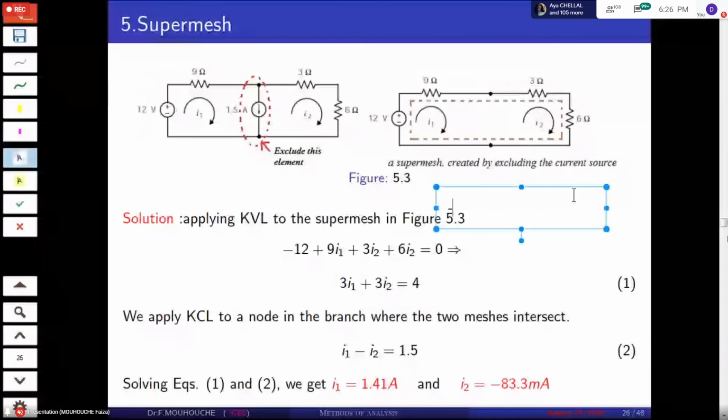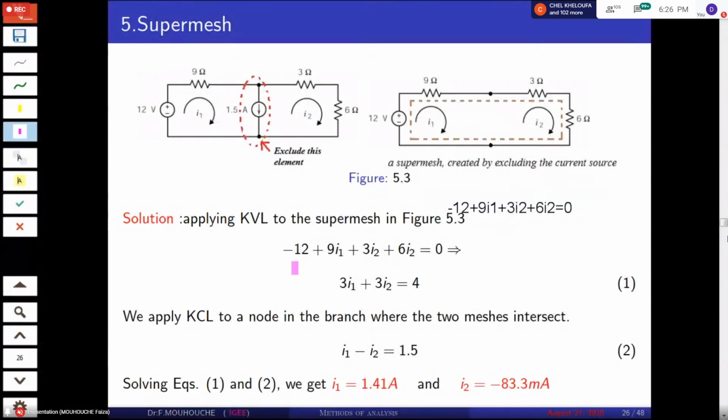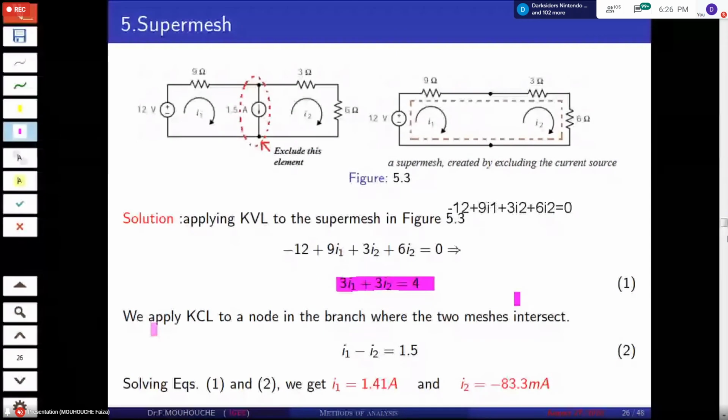Minus 12 plus 9 I1, directly plus 3 A2, plus 6 I2, equal to 0. The simplified equation is here, and it's called number 1.